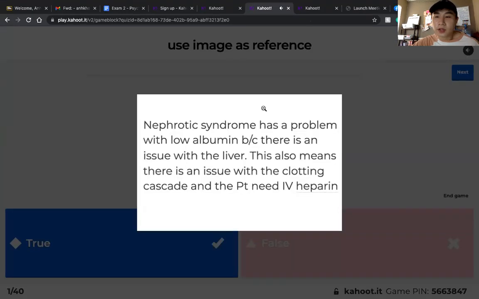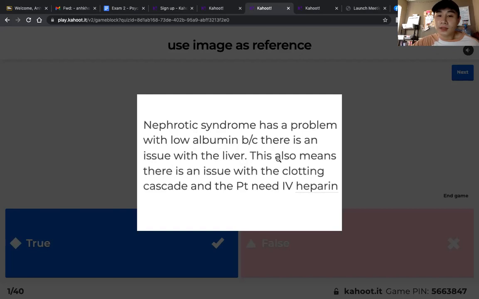Perfect. So let's look at the question together. Nephrotic syndrome has a problem with low albumin, which is correct, because in nephrotic syndrome we pee all of the protein out. The permeability is so high that the protein doesn't get filtered; it just goes through the nephron and we pee all of the albumin out.